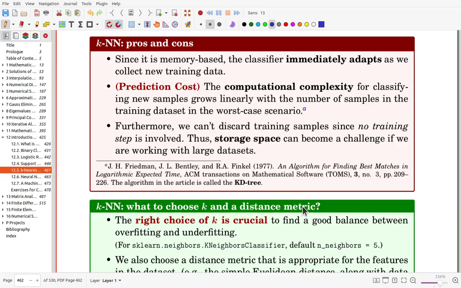They don't have to be kept around the model. We can discard them. However, for this algorithm, you have to keep the data points together, and then you have to use them. So storage space can become a challenge if we are working with large data sets.